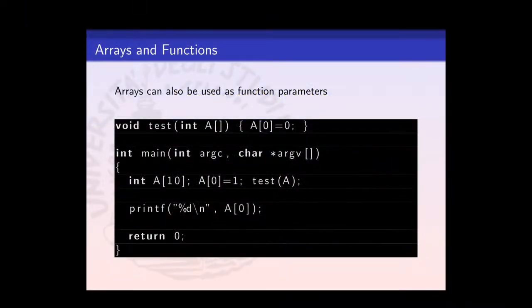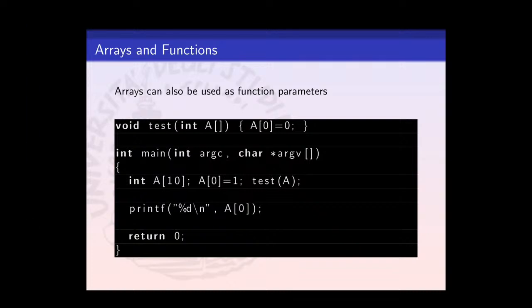So going back to our discussion, I was saying that at the end of the execution of this piece of code, we end up with printing 0. And the point is that here we are passing basically the address of the array to the function test. And you can guess it also by looking at the function call.